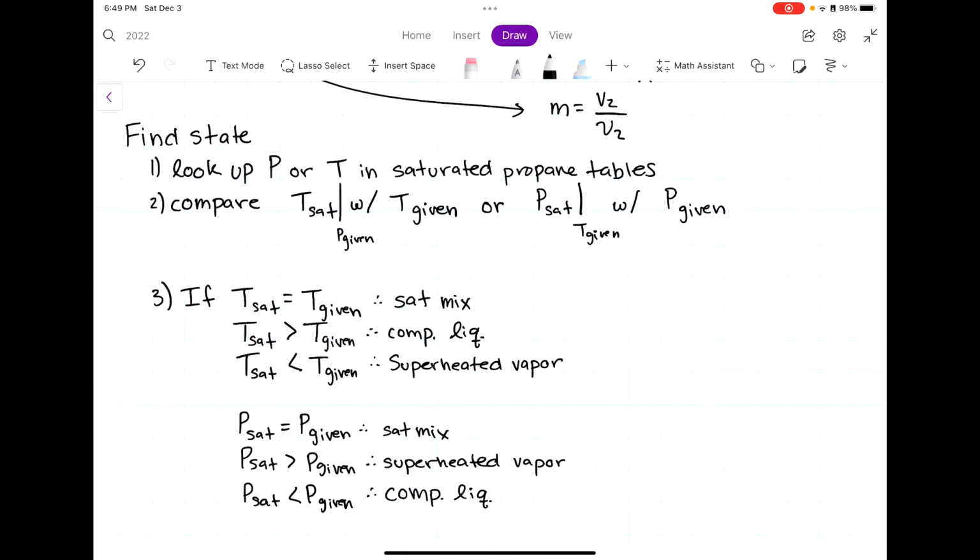These are the rules, or the little cheat sheet, for how to find the state of propane. What we're going to do is look up the pressure or the temperature in the saturated propane tables and then compare. Alrighty? So I'm going to open up that table.